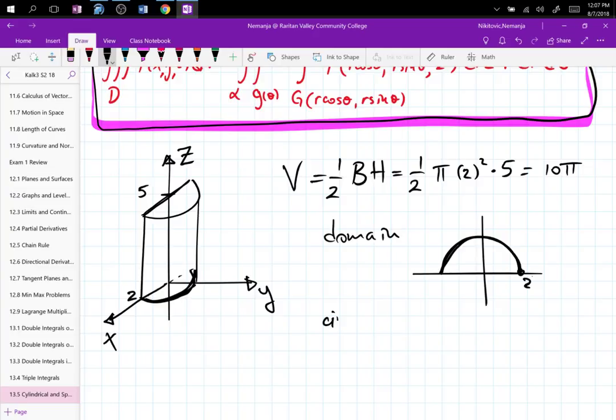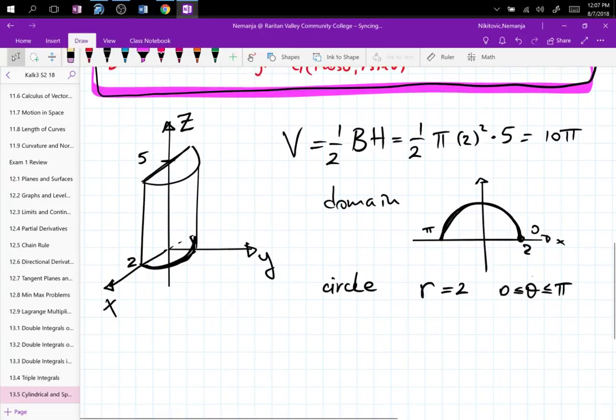Equation for the circle in polar coordinates is r equals 2, but my theta is going to be cut from 0 to pi because I only want the upper half of the circle, starting at 0, ending at pi, because I only work with half of this thing, right?